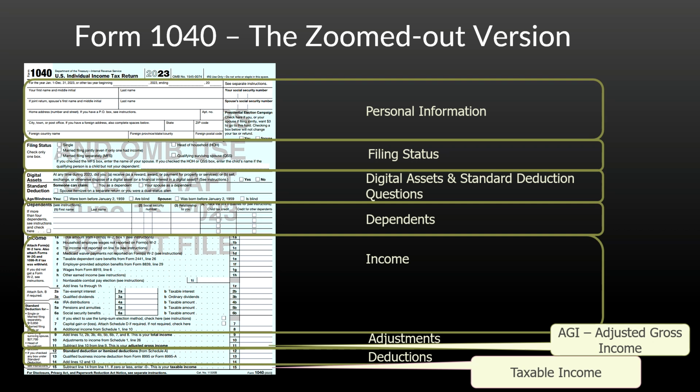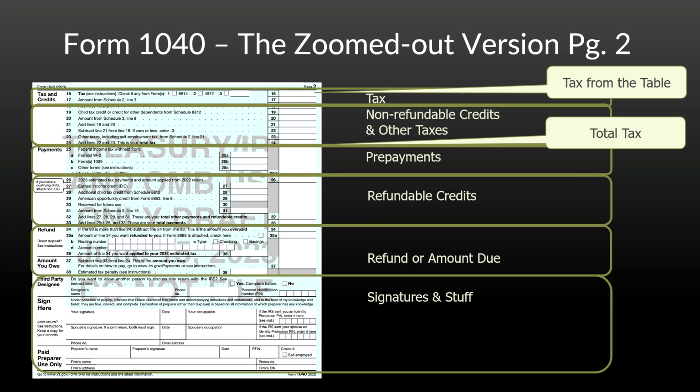Adjusted gross income in many cases determines whether a taxpayer can qualify for certain tax benefits and for how much. So after we make our adjustments and deductions, page 1 ends with taxable income. Page 2 of the 1040 begins with tax.